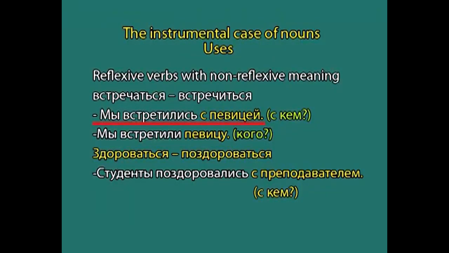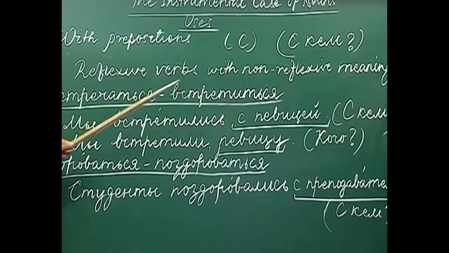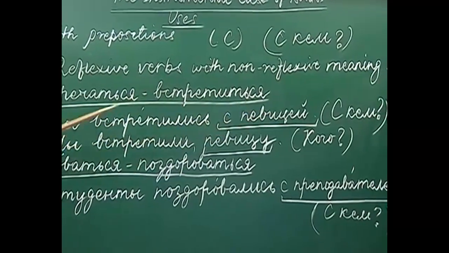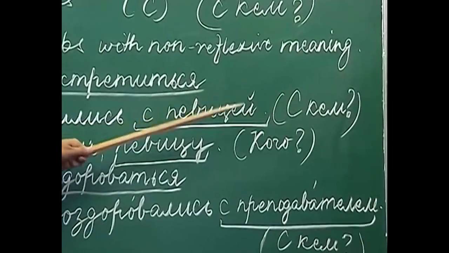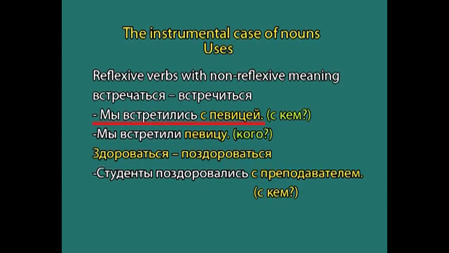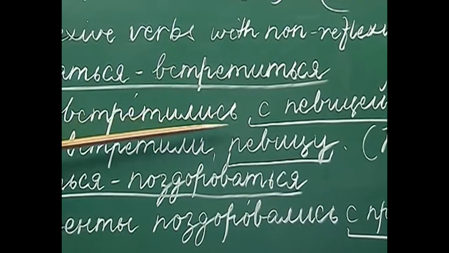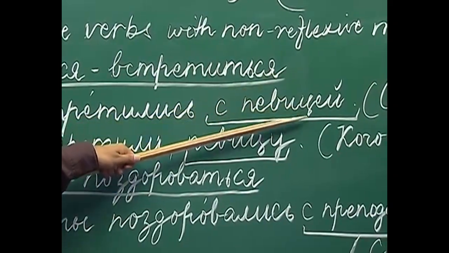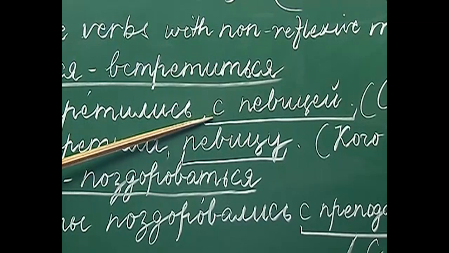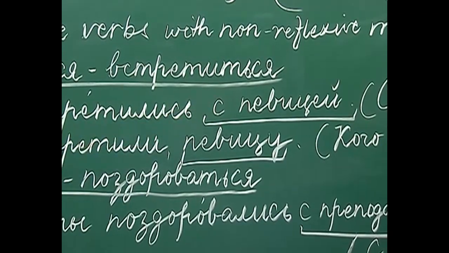For example, Мы встретились с певицей. We met the singer; певица is singer. As you can see, if we use the reflexive verb встречаться, we are supposed to use the instrumental case of the noun певица with the preposition с.